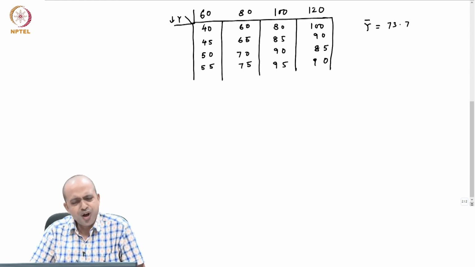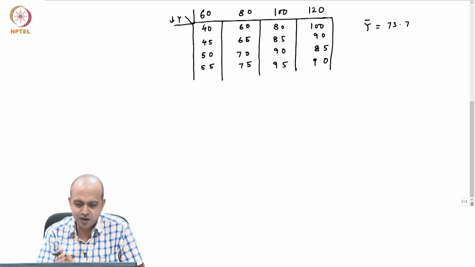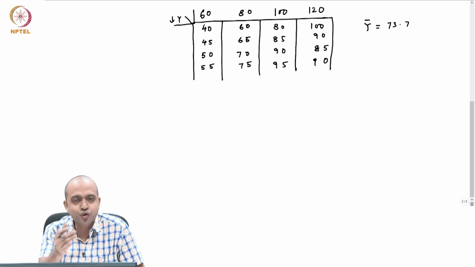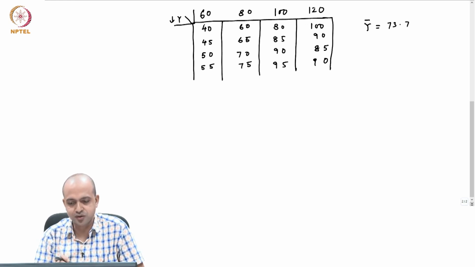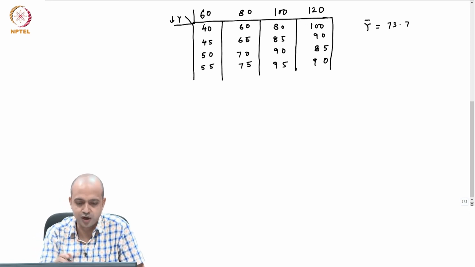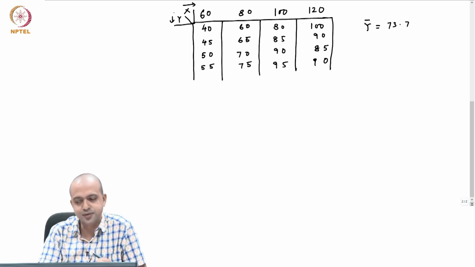Now I have classified these families into 4 groups based on their weekly income. The first group has a weekly income of 60 rupees, the second 80 rupees, the third 100 rupees, and the fourth 120 rupees. That is basically denoted by this.